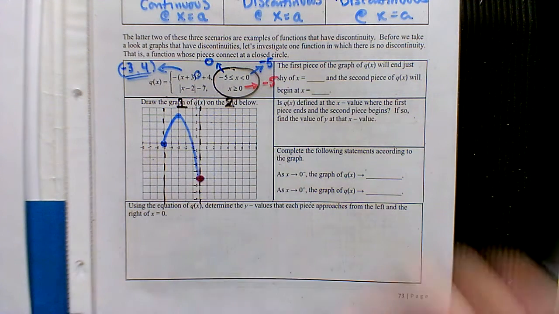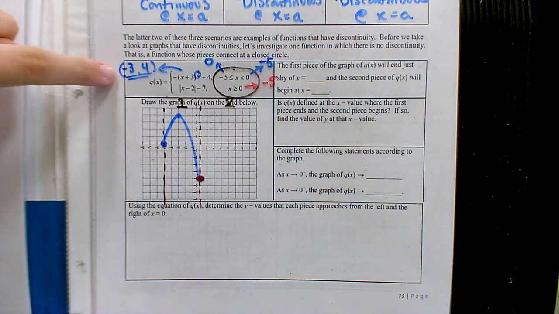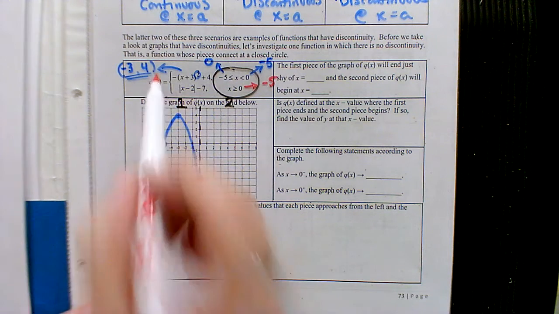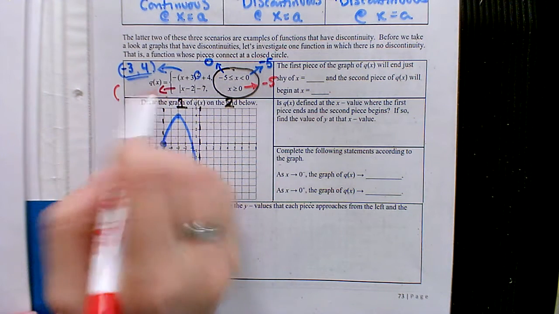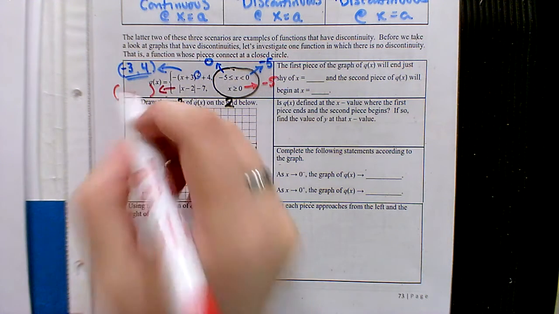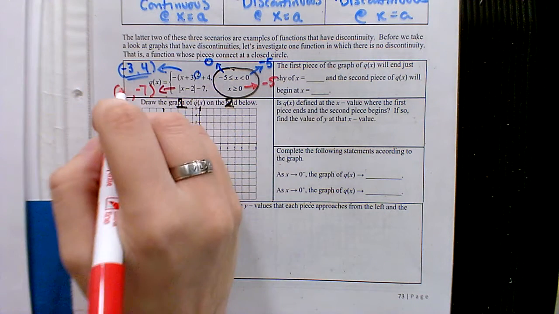If this is an absolute value, what shape should we anticipate? A V. Good. Okay, so just like the other one, let's go ahead and figure out where the bottom or top of this V is. Can we tell based off of those transformations, left or right, up or down, where this bottom or top of V is? Down 7. Right 2.